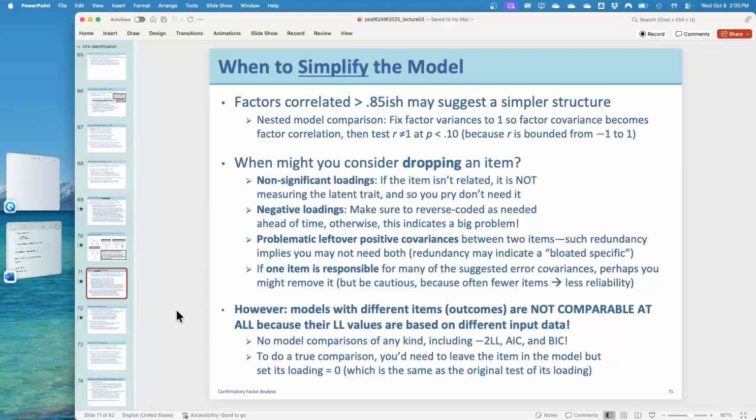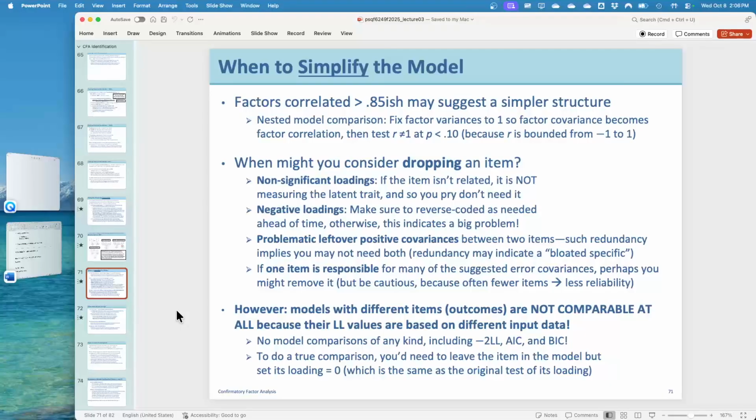Okay, so that's when you need to expand your model. You can also simplify your model. One thing that people like to always argue about, doesn't matter what the value is, is the factor correlation. When you build a new measurement instrument, one of the things that you have to establish is it's a different construct than others. Sometimes we used to call that criterion validity, where we would say how correlated is it with something it should be. I guess discriminant validity is how uncorrelated is it with things that shouldn't be.